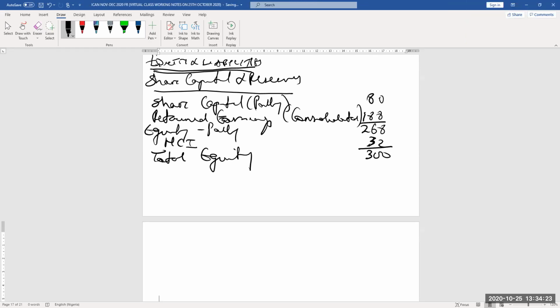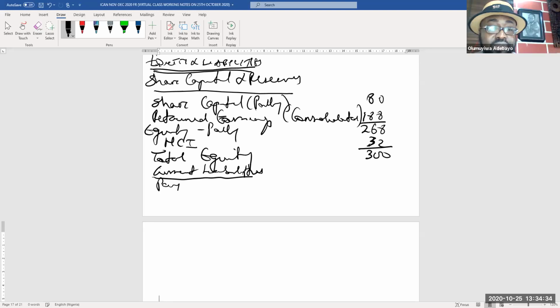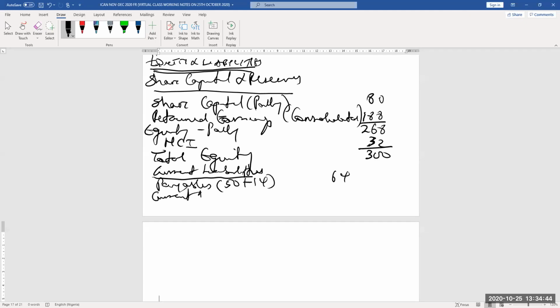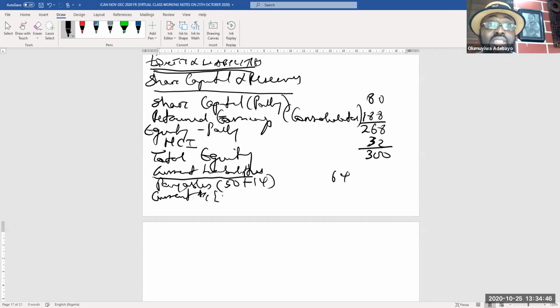Now, next is my current liabilities. I have payables. What's my payable? 50 and 14. That is 64. And I have the current account, which is 0 and 10.